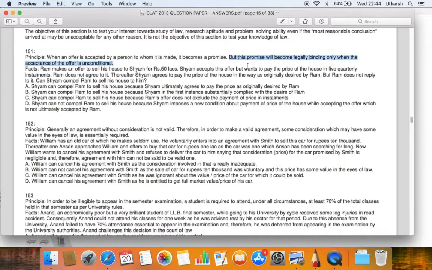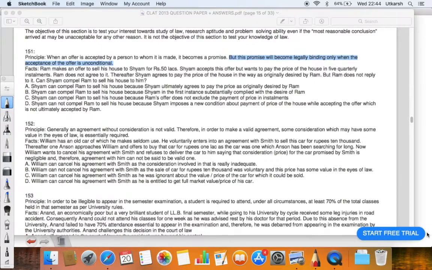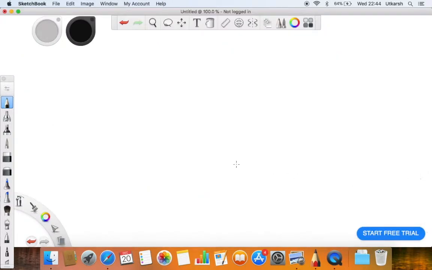But this promise will become legally binding only when the acceptance of the offer is unconditional. So the principle talks about when a promise is legally binding.